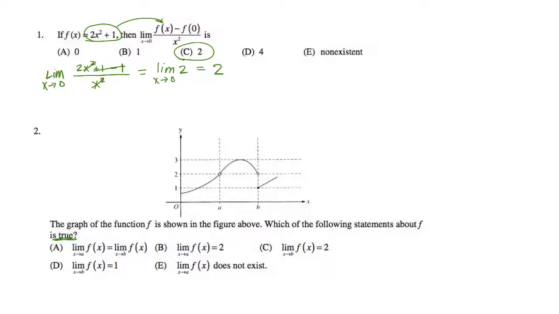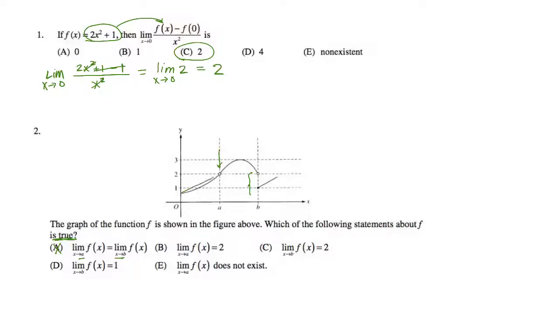Now for the first part, the limit as x approaches a is equal to the limit as x approaches b. I'm pretty sure that's not true because a is sitting here and b over here, that's not even going to be a defined limit, so I know a is not the case. Well, let's look at b. The limit as x approaches a is 2.